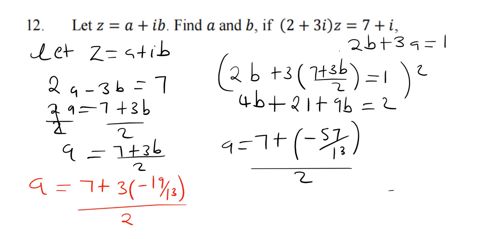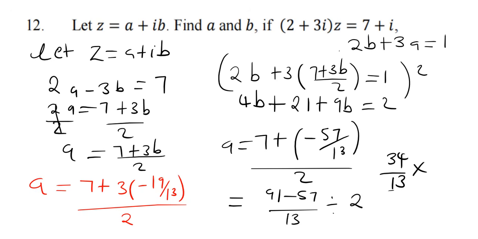Then what do we do? When we solve what we have on top, we're going to have 91 minus 57 over 13, divided by 2. Then 91 minus 57 gives us 34 over 13. The division becomes multiplication by 1 over 2.